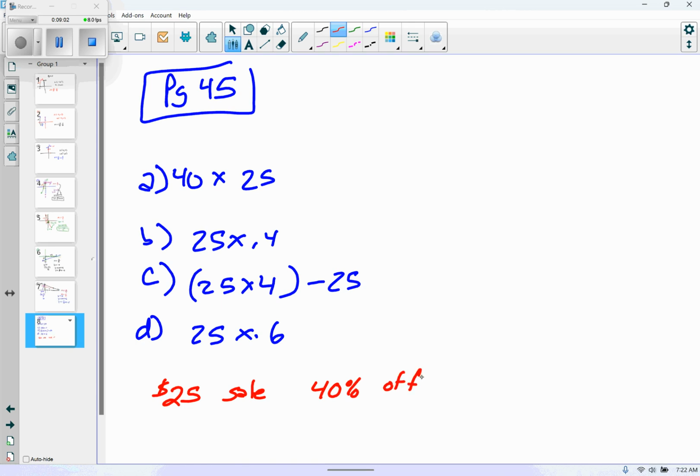Okay, so if it's 40% off, what value would this item be? Is it going to be less than 25? You agree with that? If I find 40% off, that tells me how much I would take off the price. So what I have to do is I have to realize that I'm going to pay 60% of the original price.